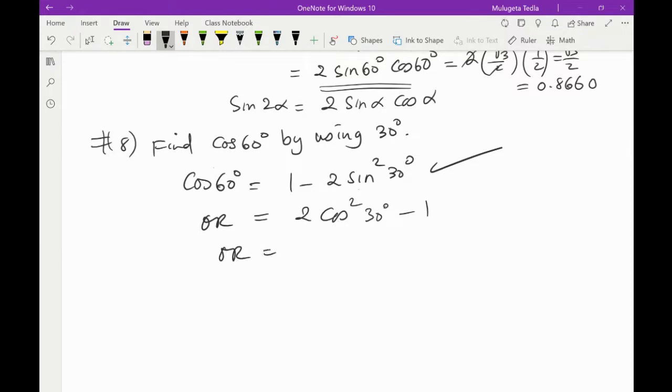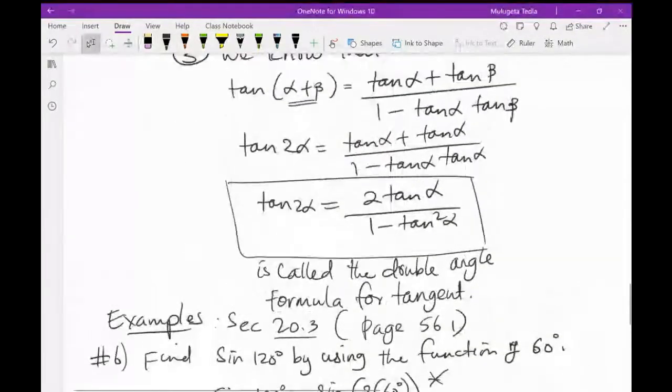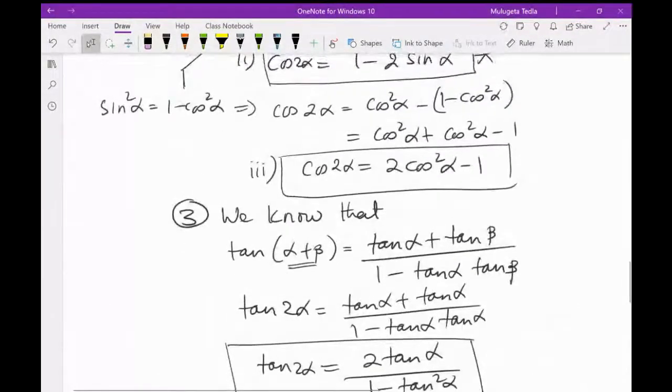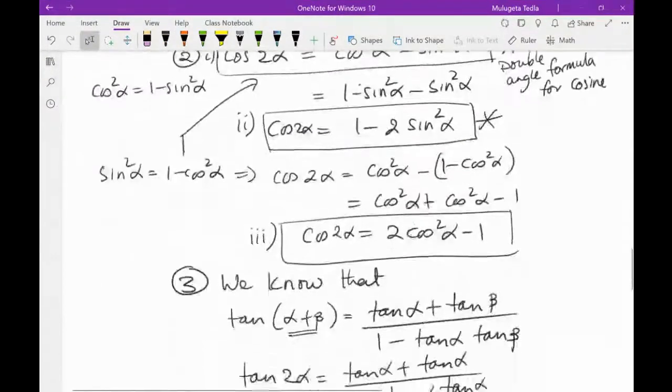Or we would have cos squared of 30 minus sine squared of 30. All answers should be the same. So 2 cos squared alpha minus 1, or cos squared alpha minus sine squared alpha.